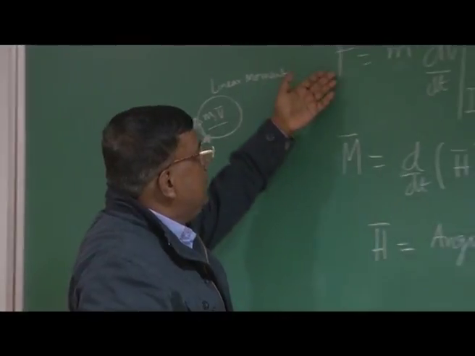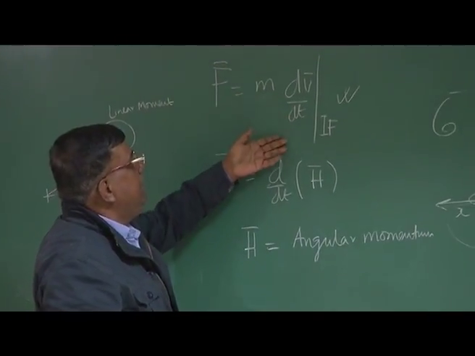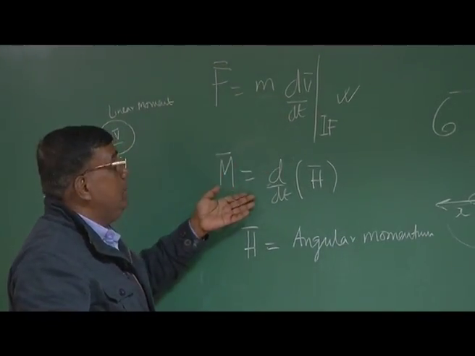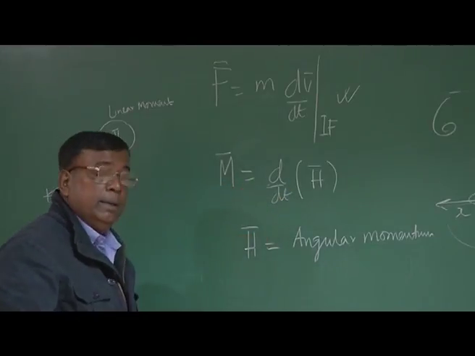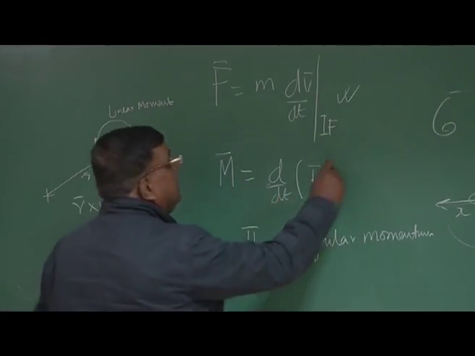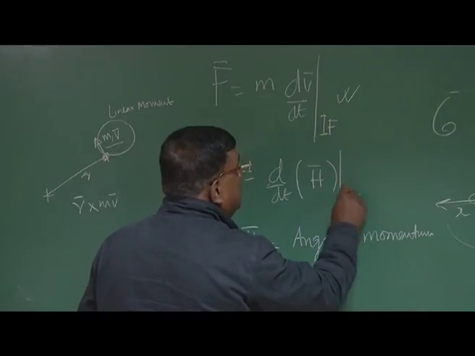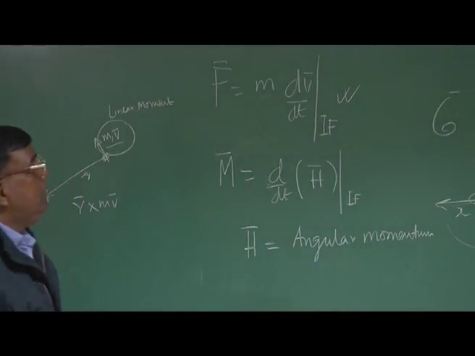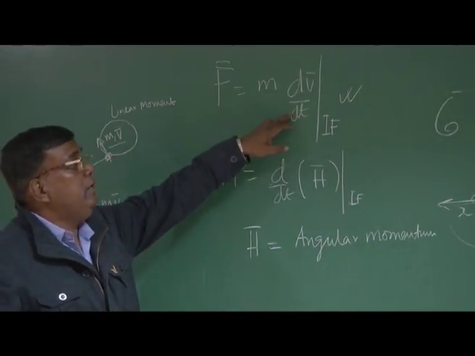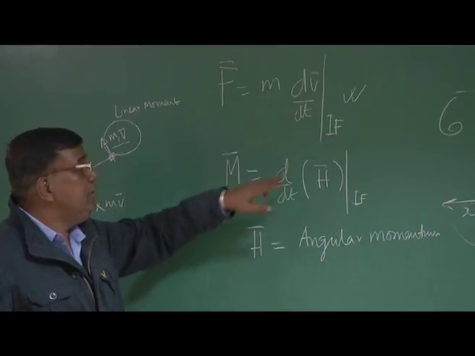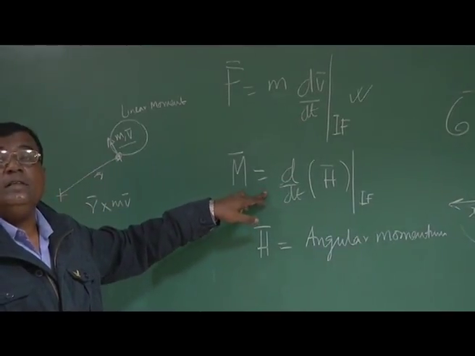And as F equal to m dv by dt, I can write moment equal to rate of change of angular momentum. These two equations are to be utilized: one, I get linear acceleration from here, and I will get angular acceleration from here.